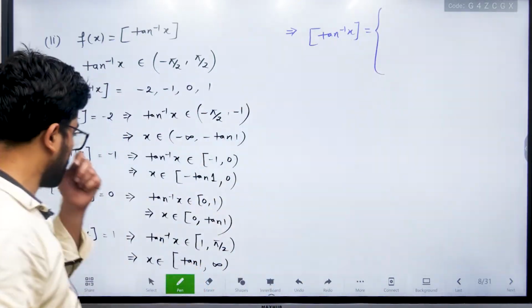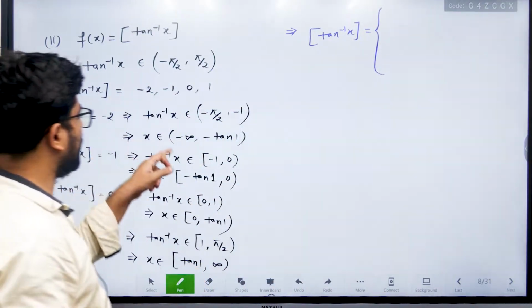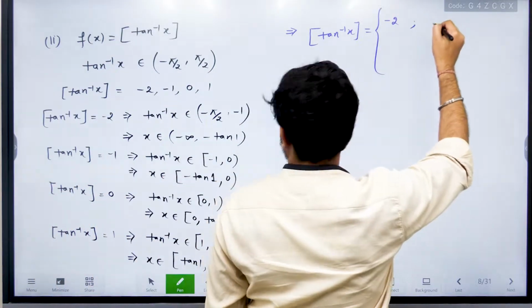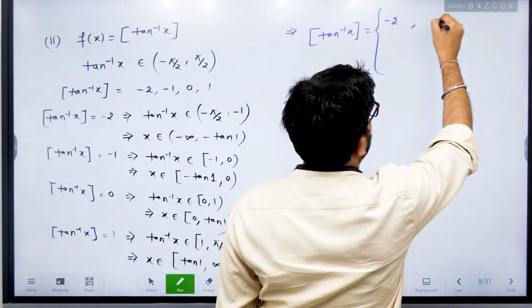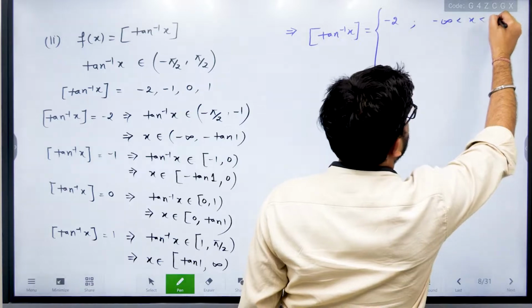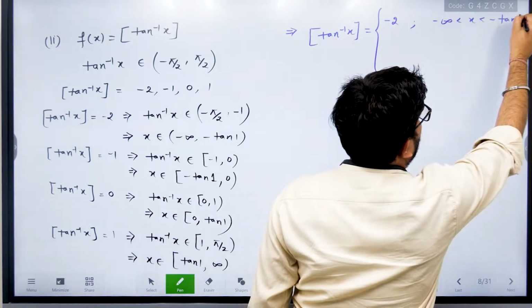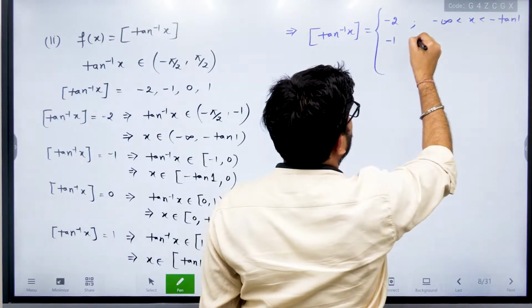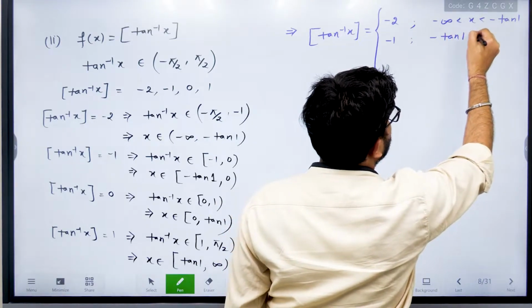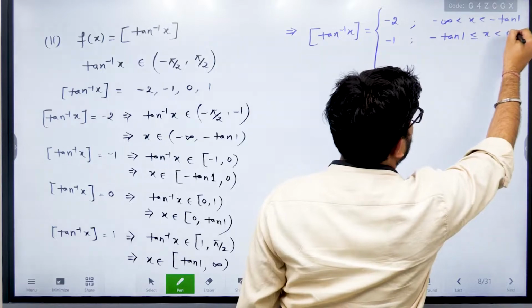That is minus 2 whenever x is from minus infinity to minus tan 1 open. Okay, minus 1 whenever x is from minus tan 1 to 0 open.